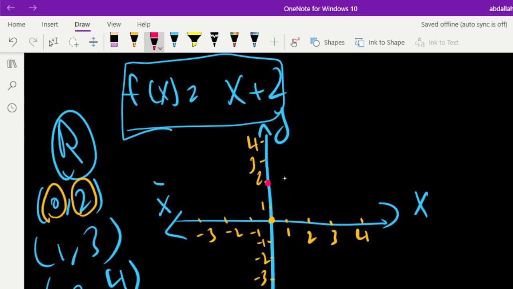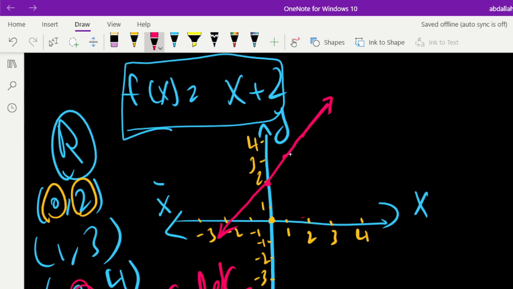You're going to go up to 3. 2 on x, here is 2, and 4, until you reach 4. Then you attach these 3 points using your ruler, not by your hand, by ruler.